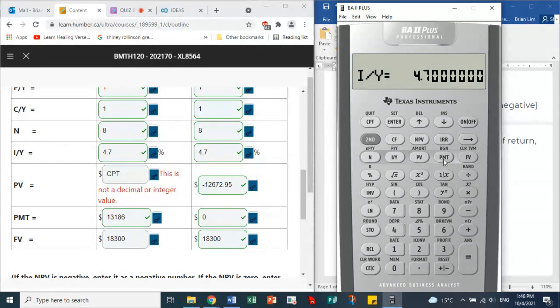So recall the payment. Now we put this payment back in there: 13186. Okay, that's a payment. And the future value is 18,300. Okay, future value. And if we compute the present value, what do we get?